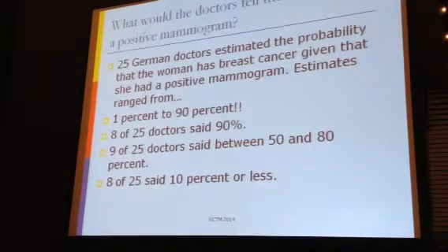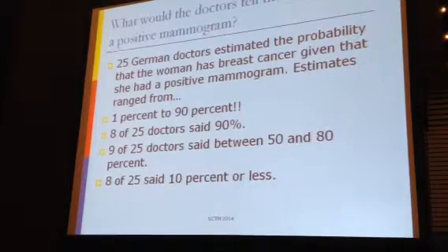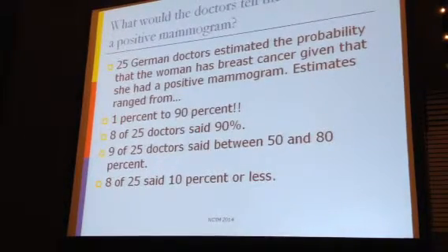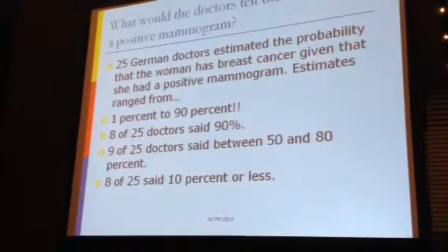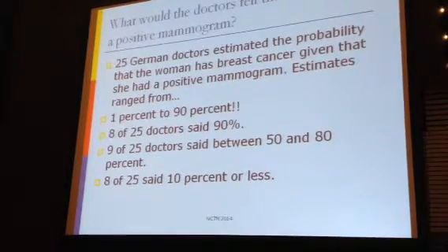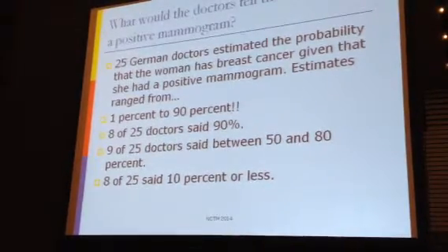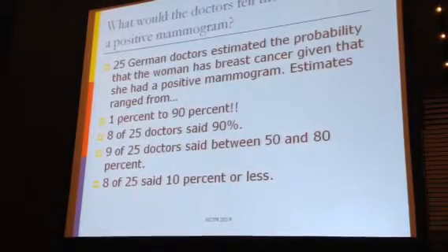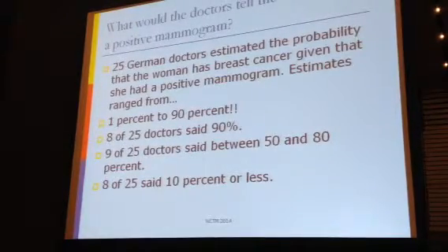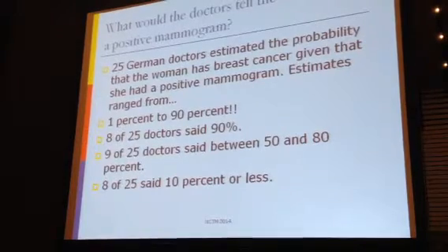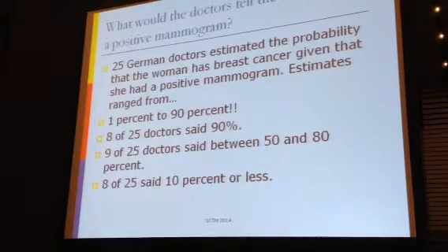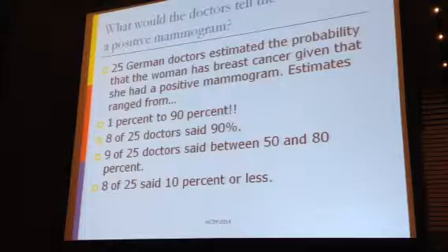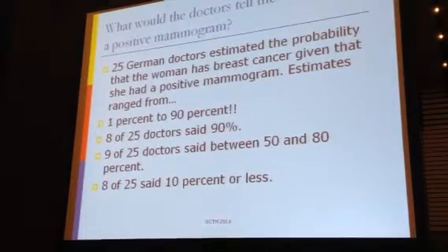We'll see if we set up a table that's obvious from this. But only 8 of the 25 had a good assessment, and these were doctors that had been practicing for a long time. So how do you think the U.S. doctors did? Probably worse, I heard. They actually did better in one respect and worse in another. The U.S. doctors know more about false positives than the others.